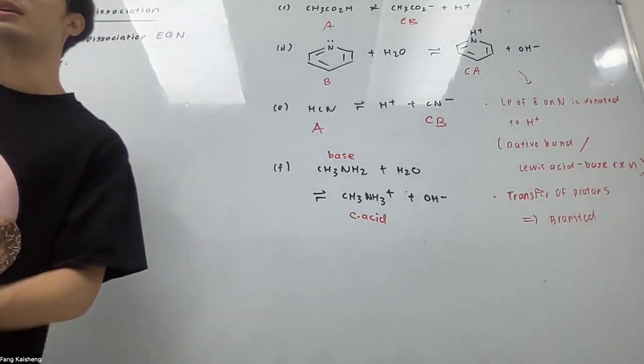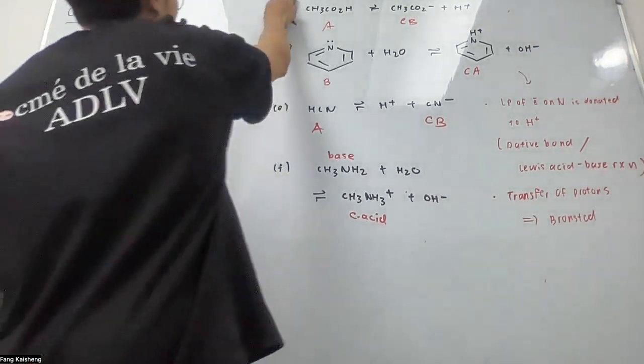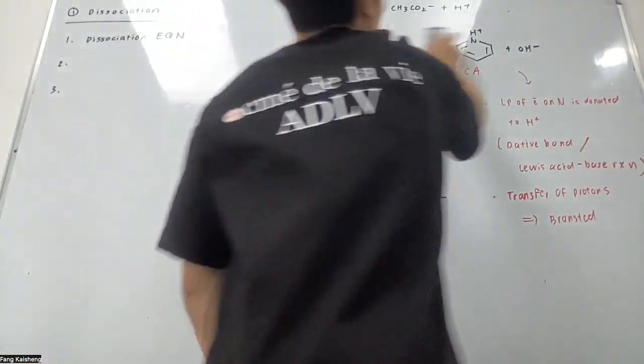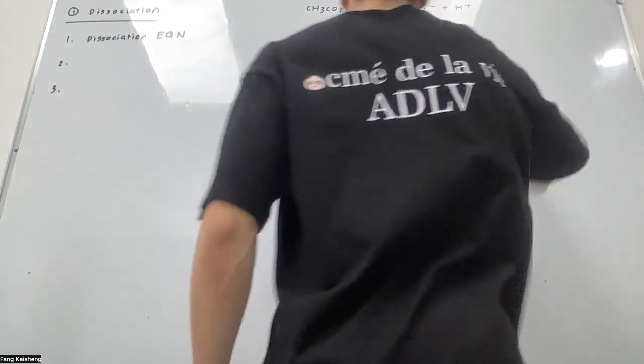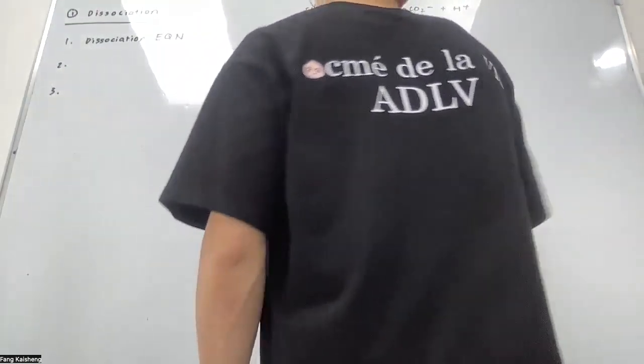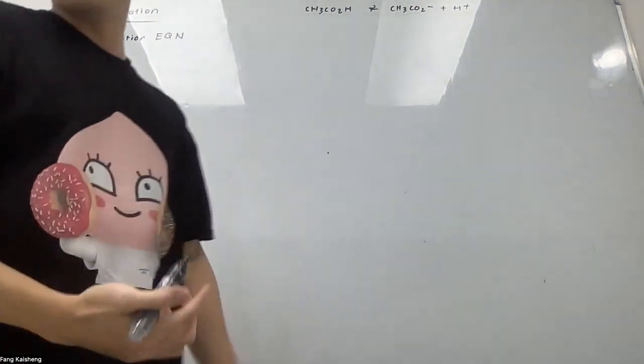Can you all read this question and give me the dissociation equation for this species? Ethanoic acid, not very difficult here.